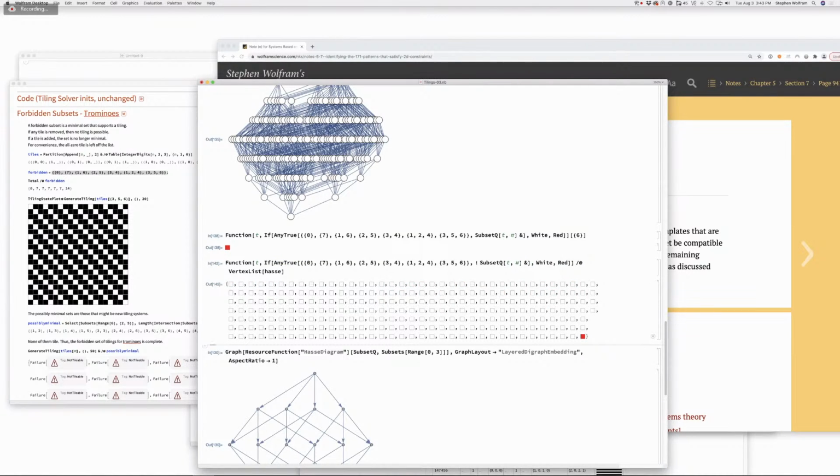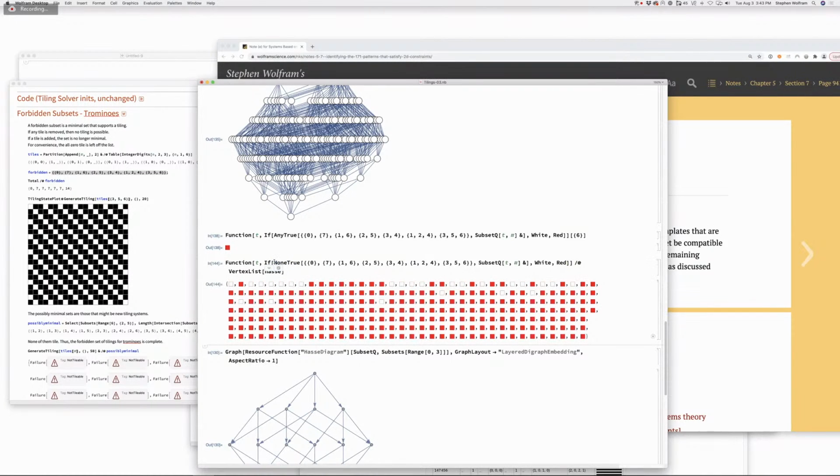So now, what? Okay, wait a minute. Or is it, do we want to say none true? Okay, so I believe that's correct. I believe that contains only those subsets for which there is no possible tiling, right?